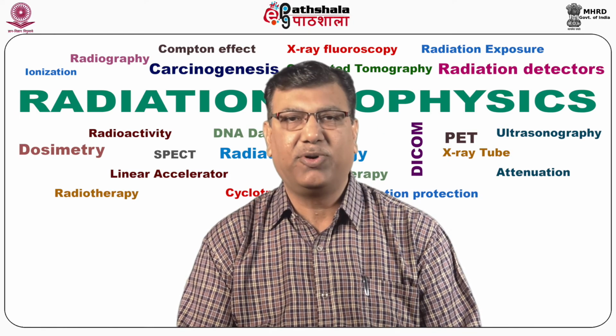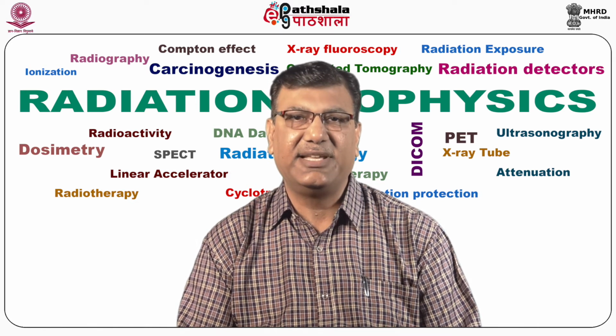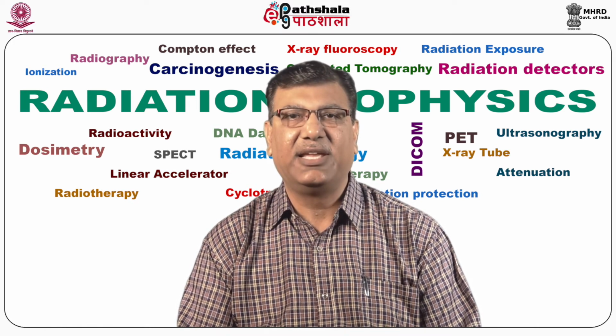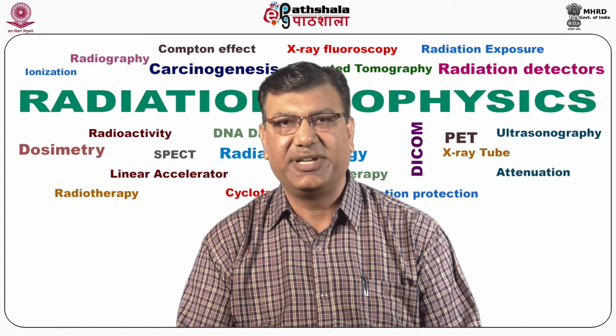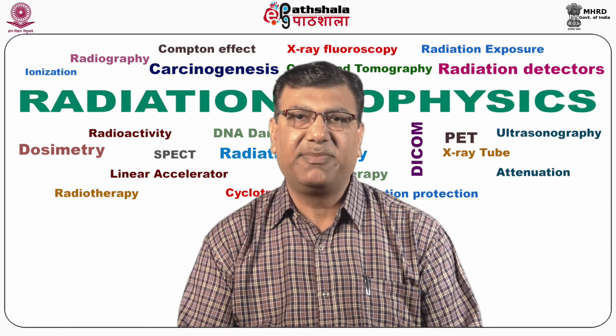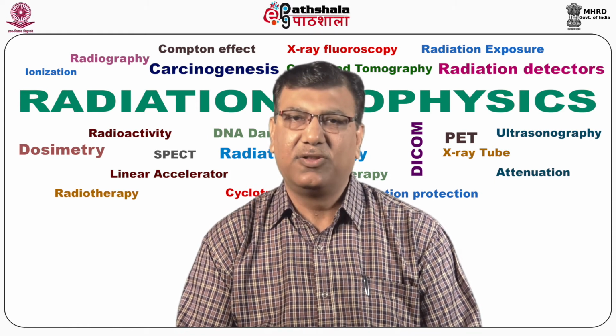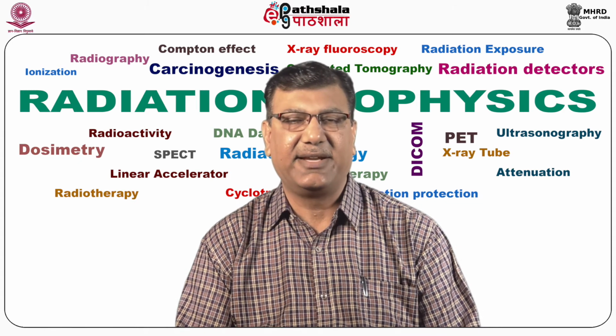Third, which is very popular nowadays, is high dose rate, where the dose rate is more than 12 gray per hour. Practically much higher dose rates are used. On the basis of treatment time, brachytherapy is also classified: one is temporary, the second is permanent.